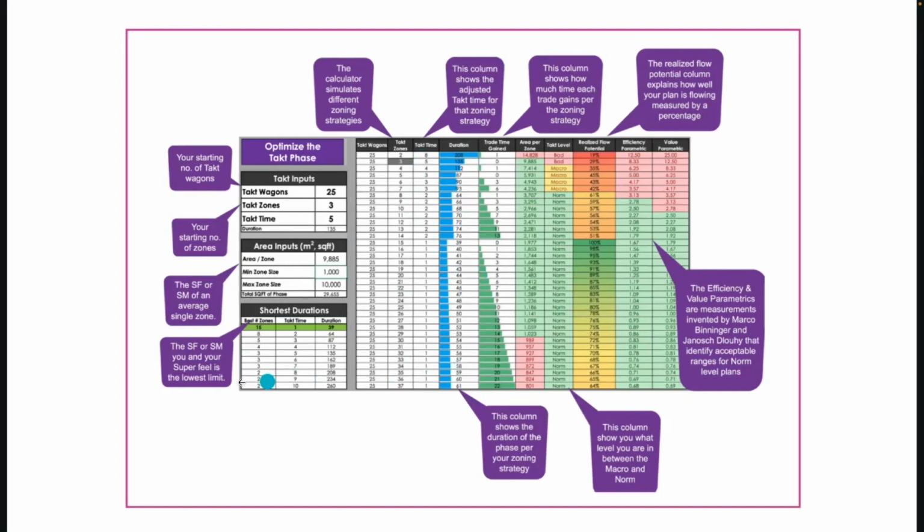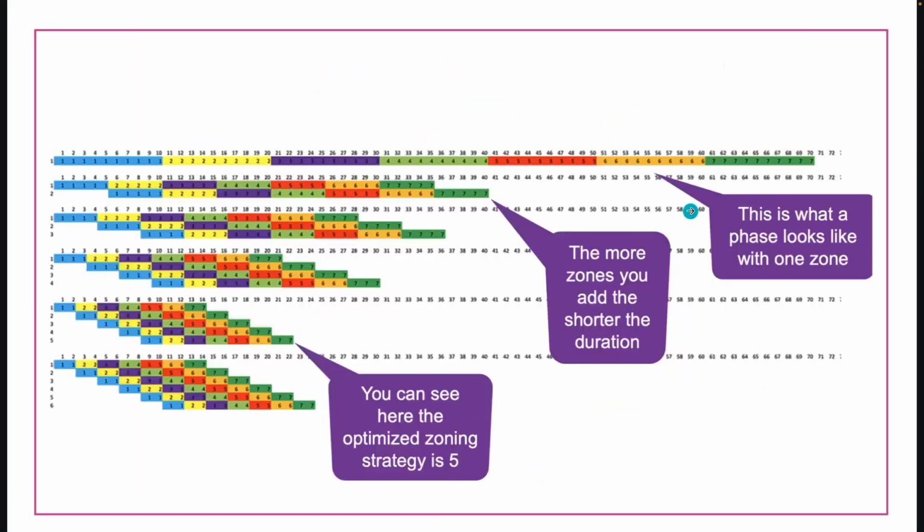And so you can pause the video and look at what all of these columns do, but for the purpose of this video, I simply want to say that we are wanting to analyze, is 3 zones, our initial guess, the right number? And if you hop over here to this takt level column, you'll see that it is not. It says bad. That means it is not a competitive zoning strategy. And so we have a problem here. We need to make an adjustment.